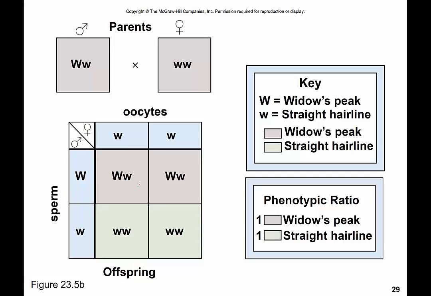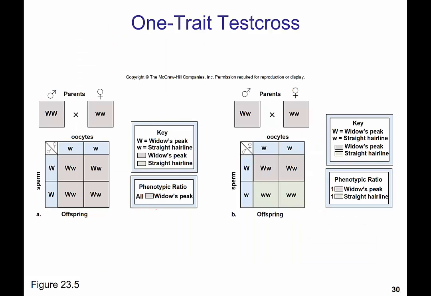On the other hand, if the parent with the dominant phenotype having a widow's peak was heterozygous and was crossed with the recessive phenotype, then there would be a 50-50 chance of having offspring with either phenotype. As we can see here, these offspring would have a widow's peak, and these down here would have a straight hairline. You can compare these side by side.